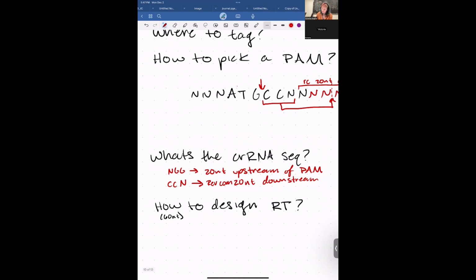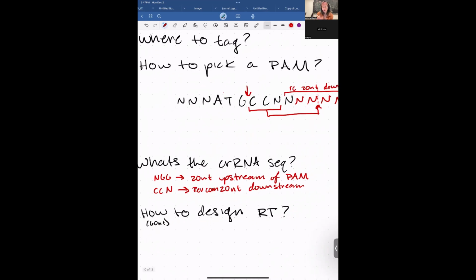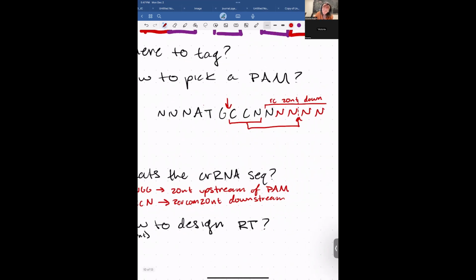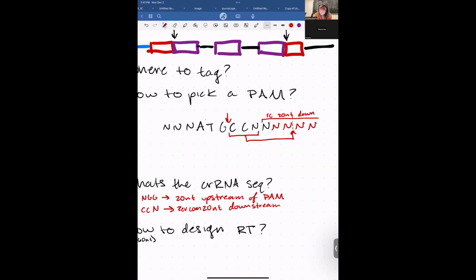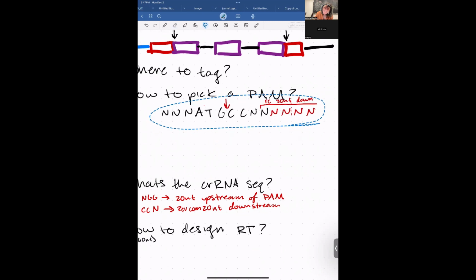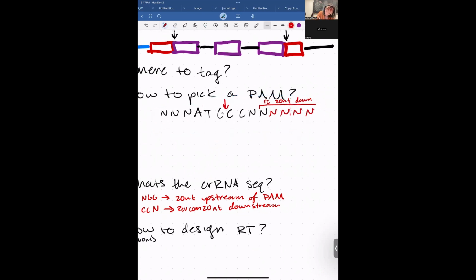Okay, to explain this, I'm going to draw out the other strand of DNA. This is 5', this is 3', and then the other strand is in the opposite direction.